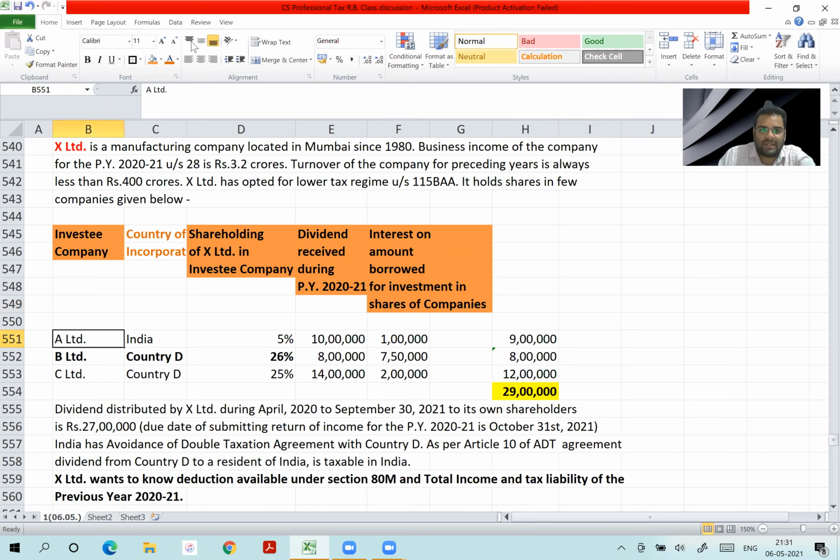For dividend from A Limited, which is an Indian company, is it 10 lakhs? But from 10 lakhs, how much is the deduction? Deduction is with respect to interest, 1 lakh. Can you claim the entire 1 lakh as deduction?